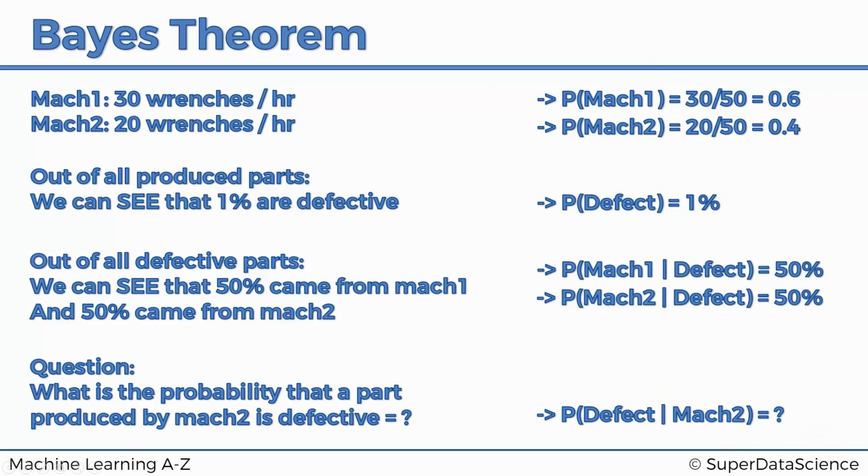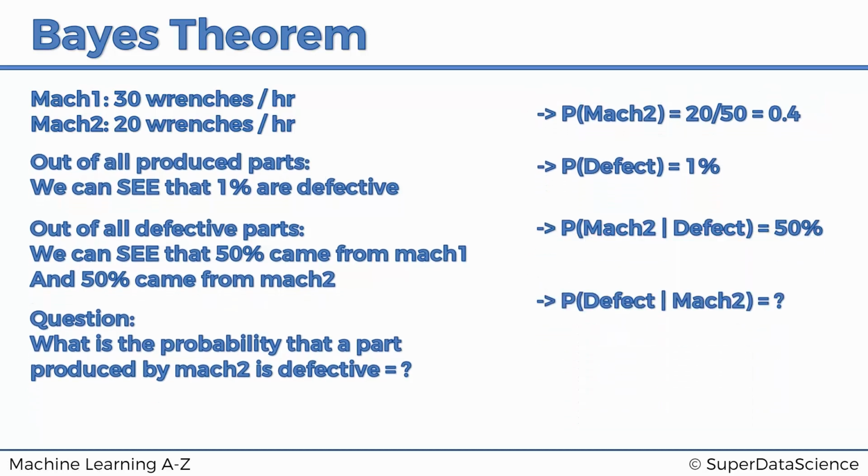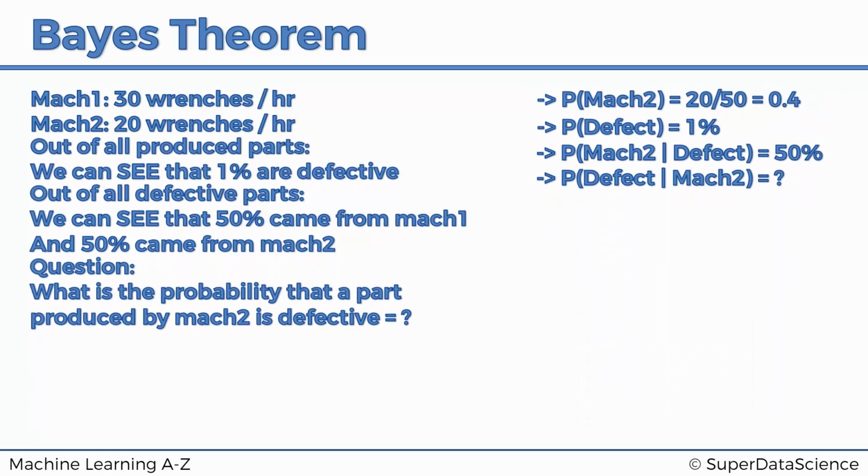All right, so let's start solving this problem, and we'll illustrate how the Bayes theorem will help us convert this information to this information. First of all, we won't need the probability for machine 1 and the probability for machine 1 given defective. So we're going to get rid of that out of our information just to clean things up. Okay, and now let's slide everything over to make some space.